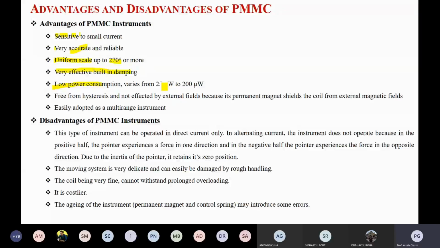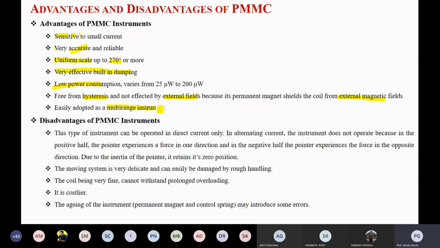That is the basic reason it is unaffected by external magnetic fields. The external field does not create any effect on the system, so there is very little hysteresis loss. It is also easily adapted as a multi-range instrument.